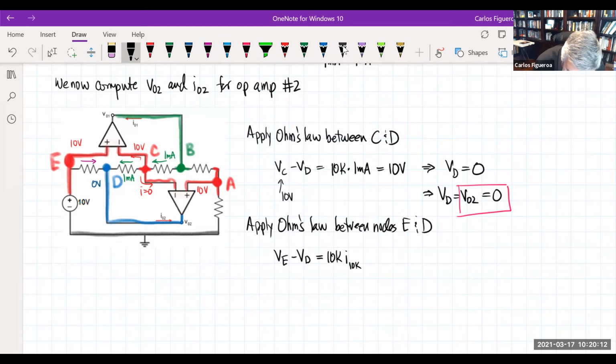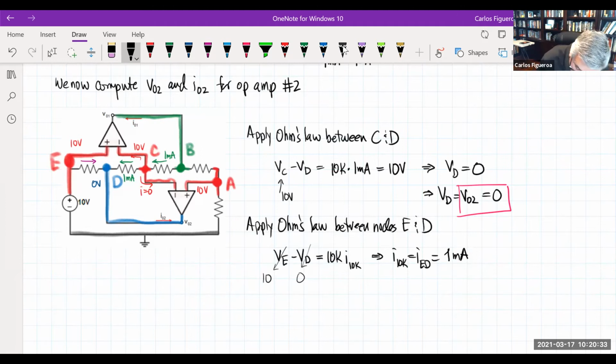But wait a minute, I know that this is 0. I know that that node is 10. Therefore, that tells me that the current between E and D is also 1 milliamp.